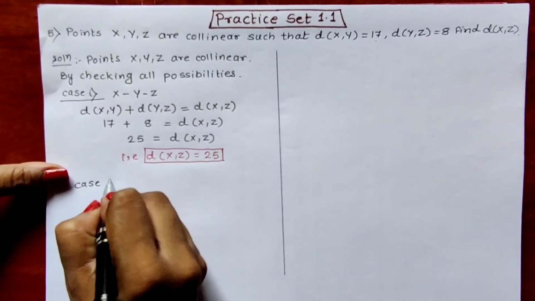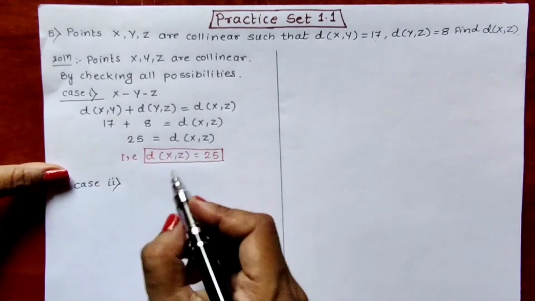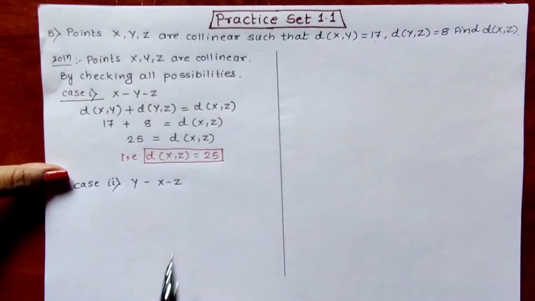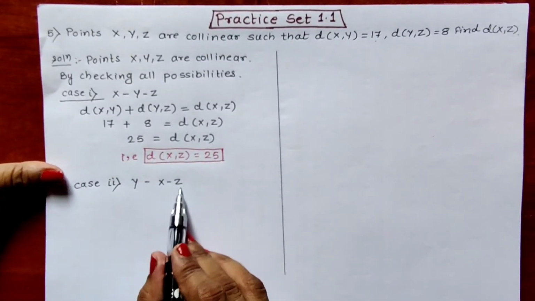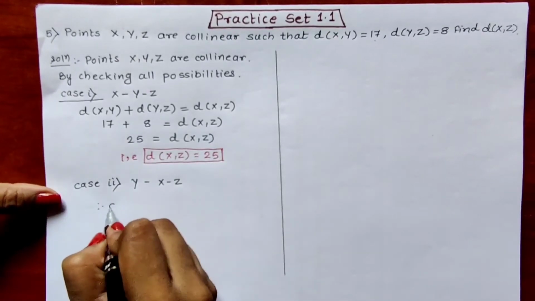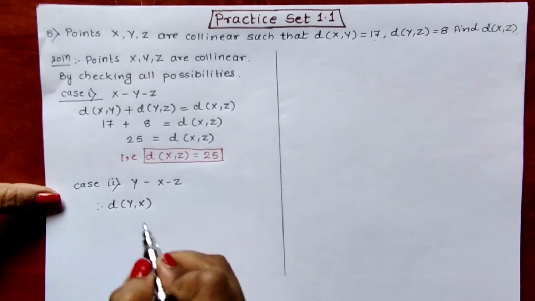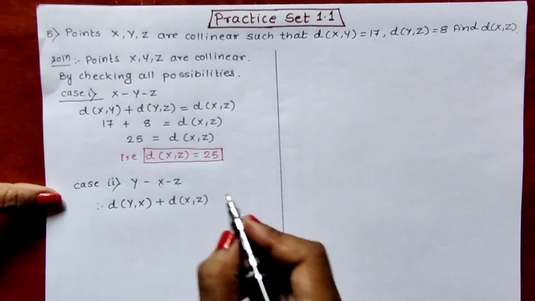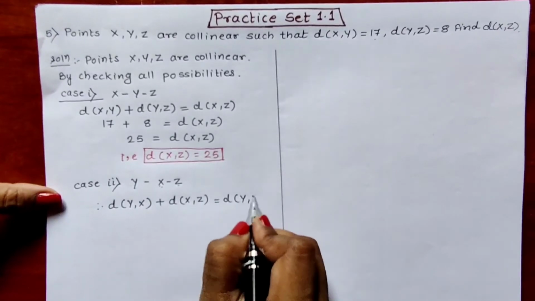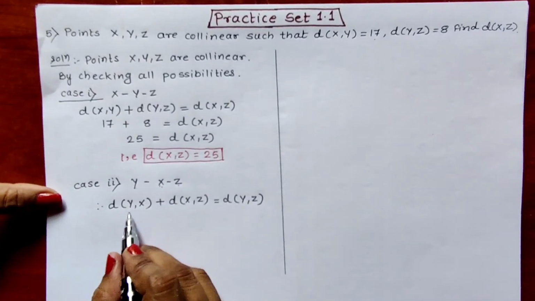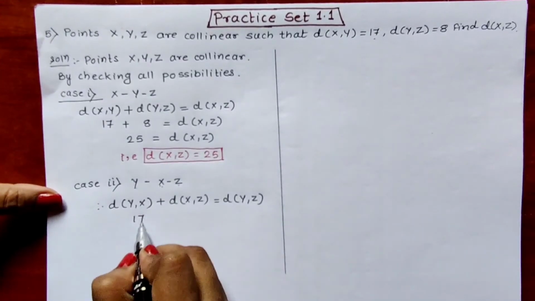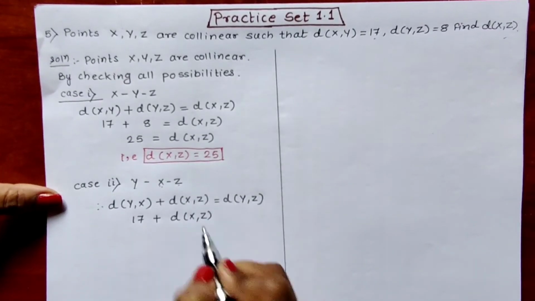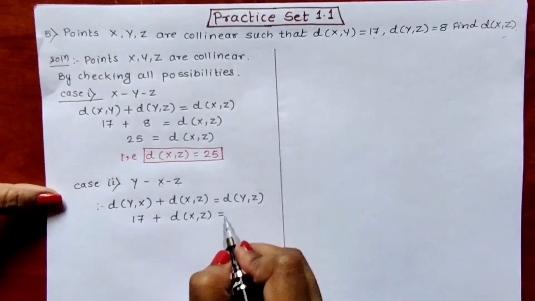Case 2. Now we take point X in between Y and Z. Y-X-Z. That means point X is in between points Y and Z. So therefore distance Y comma X plus distance X comma Z, YX plus XZ, is equal to distance YZ. Now YX means XY. XY is 17. XZ we have to find out. And YZ is 8.